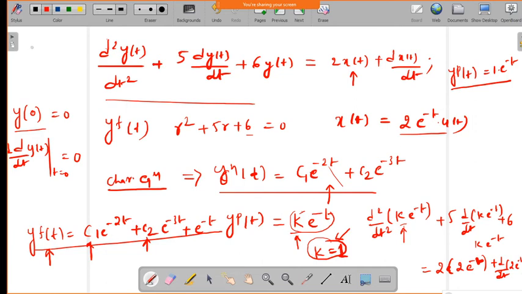So two equations you will get. If you directly put t equal to 0, you will get 0 equal to C1 plus C2. Similarly, if you differentiate and put t equal to 0, you will get minus 2 C1 minus 3 C2 and minus 1.